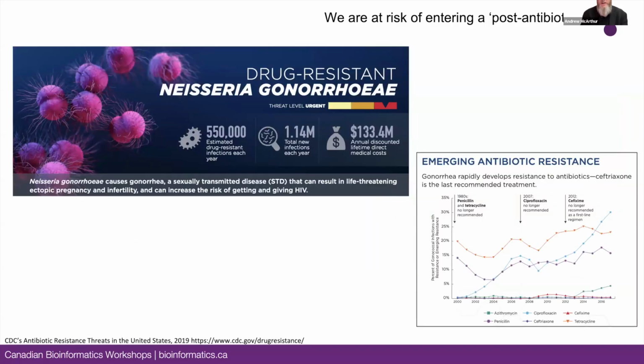And as I said, this is a post-antibiotic era. If we look at my father and grandfather's generation, gonorrhea is not something they worried about. If they caught gonorrhea, they had a shot of penicillin, right? And they were treated. So this is a bug that we have had a relationship with for millennia, and it is now making a massive comeback, right? Cipro we gave up on in 2007, cefixime in 2012, and so on.